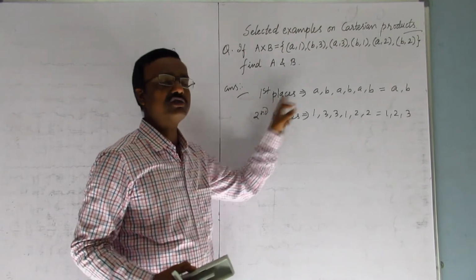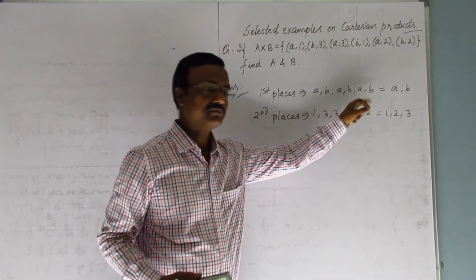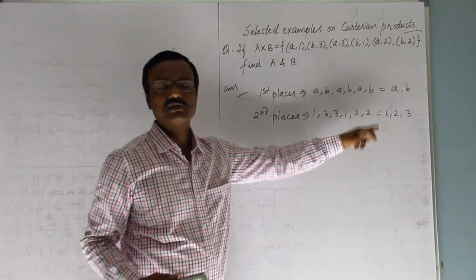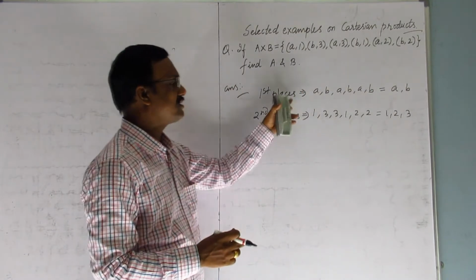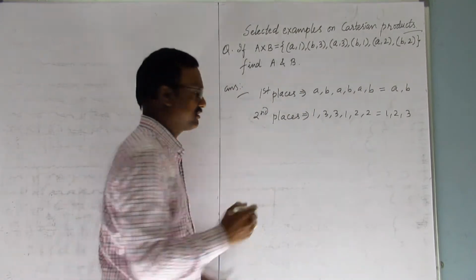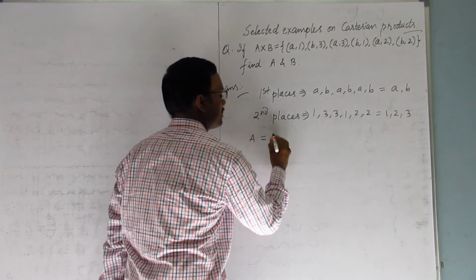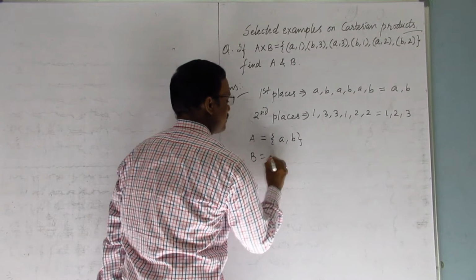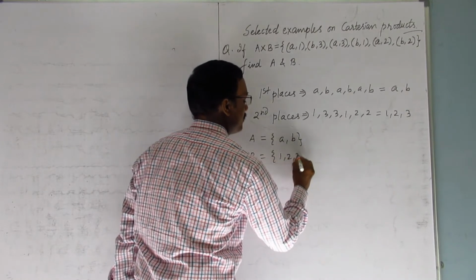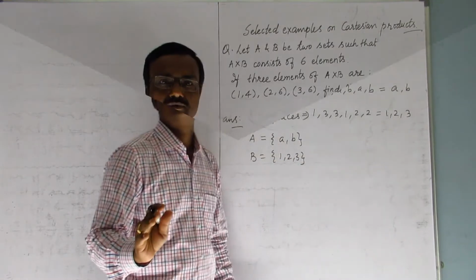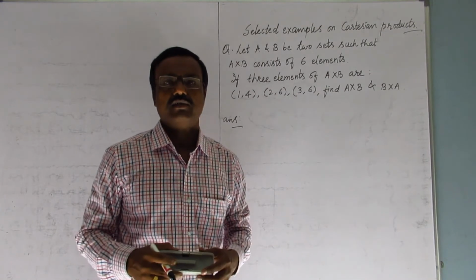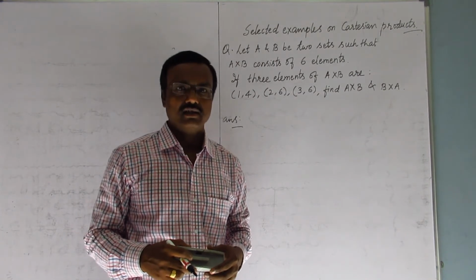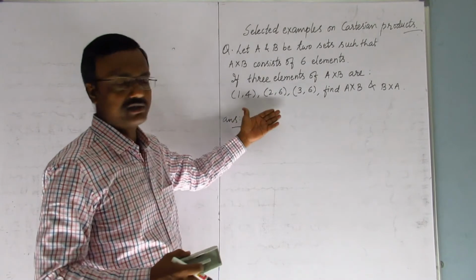First place elements means elements of A, second place elements means elements of B. So from this description, we can easily write set A is {a, b} and set B is {1, 2, 3}.